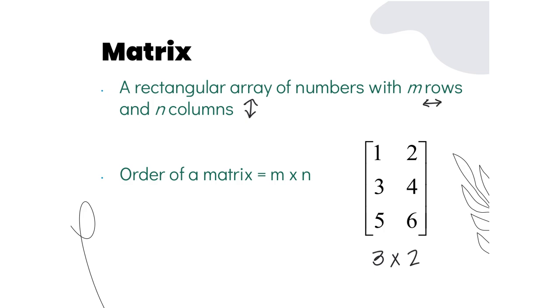Now, every single individual number here is called an entry, and you're going to hear that word a lot. So just know individual. Every individual number is called an entry.